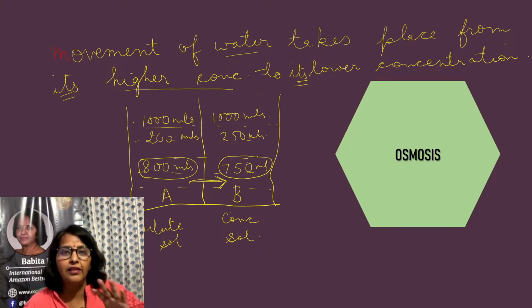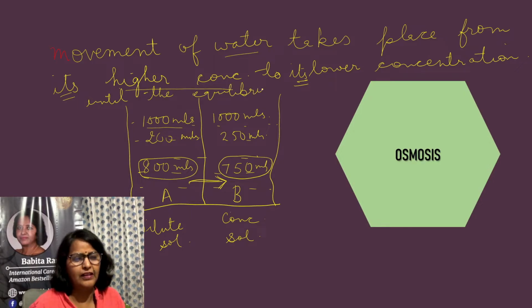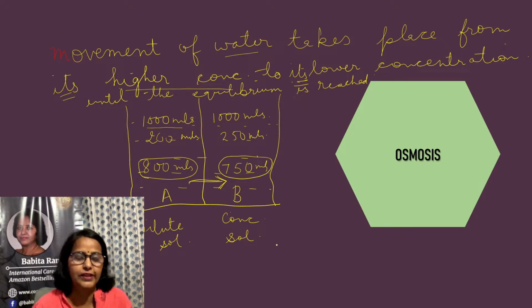This is important. You have to write this: until the equilibrium is reached. Let me write over here. Until the equilibrium is reached, right? So this is another way of defining osmosis, the movement of water from dilute solution towards concentrated solution.